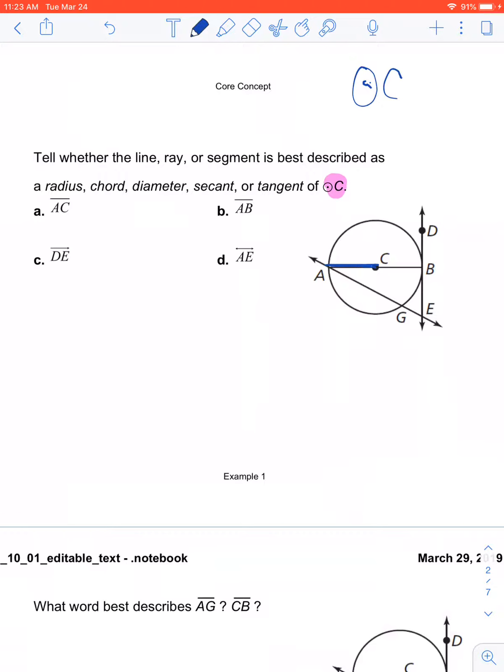You have to notice where you have the endpoints. One endpoint is the center, one is on the circle, and therefore that makes it a radius. Next, AB. My endpoints are on the circle, but it goes through the center. So that would make it most specifically a diameter.